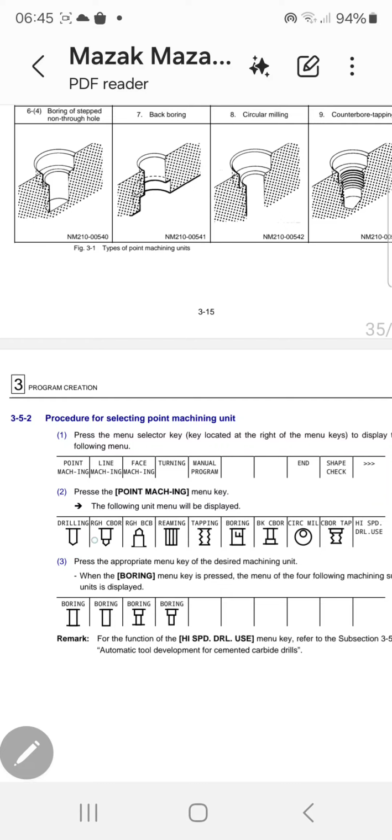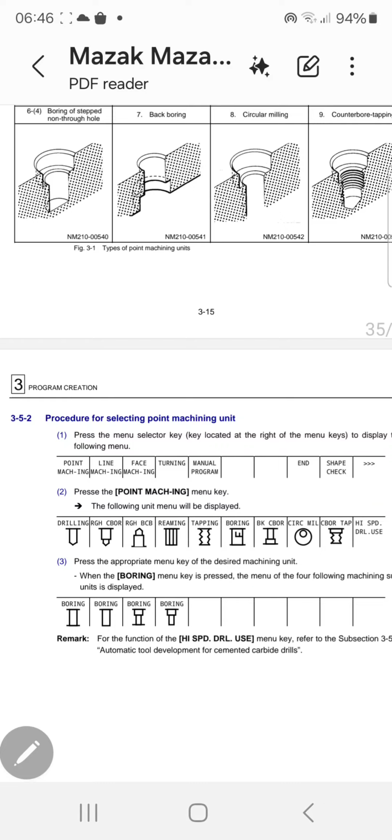There are drilling, right center, right back, right center boring, right back center boring, reaming, tapping, boring, back center boring, circular mill and center boring tap, and drilling. Press the appropriate manual key of the desired machine unit.